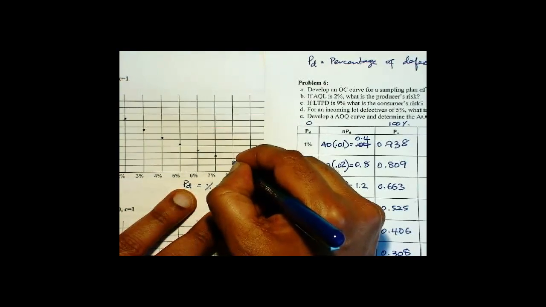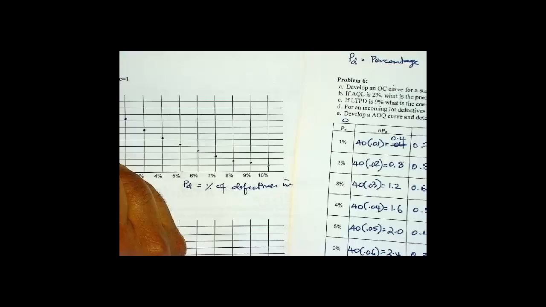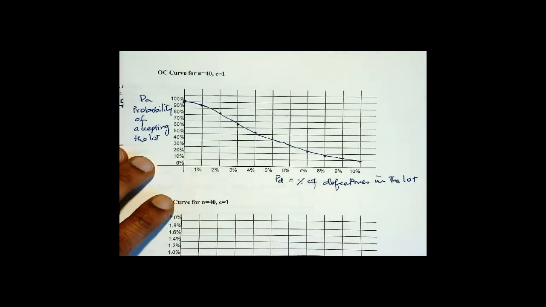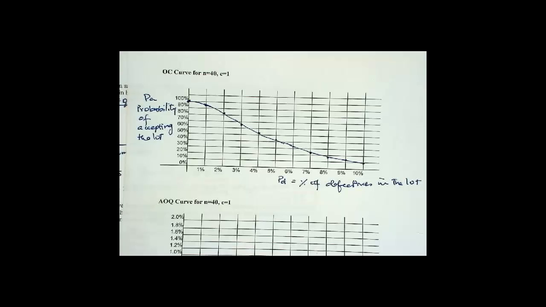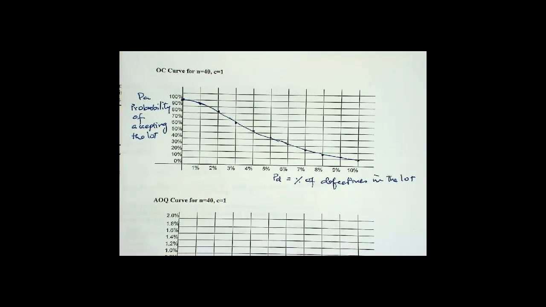Then 0.171, 0.126, and 0.092. So if you draw the curve, that's our OC curve for n equal to 40 and c equal to 1.